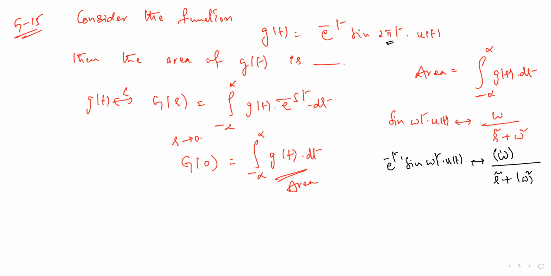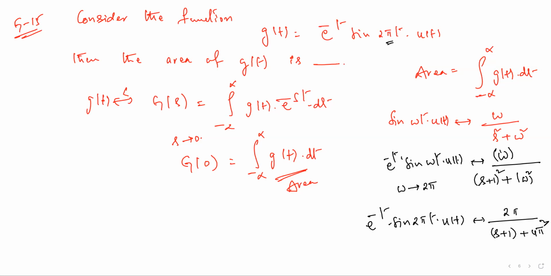Here s is shifting because of the exponential multiplication. The s value is shifting. Then here omega value is 2 pi, given in the problem. So the Laplace transform of e power minus t sin 2 pi t u of t is 2 pi by s plus 1 whole square plus 4 pi square.